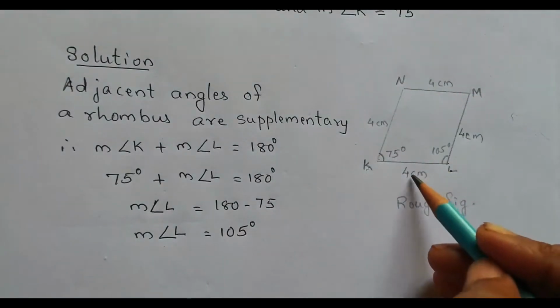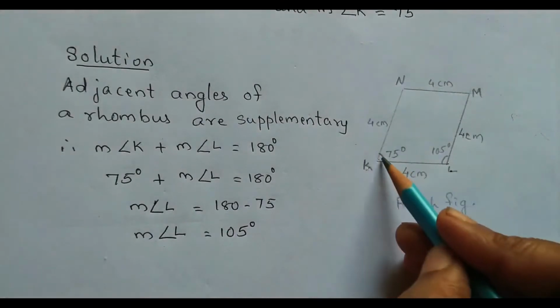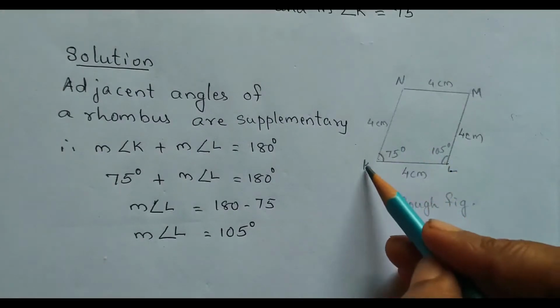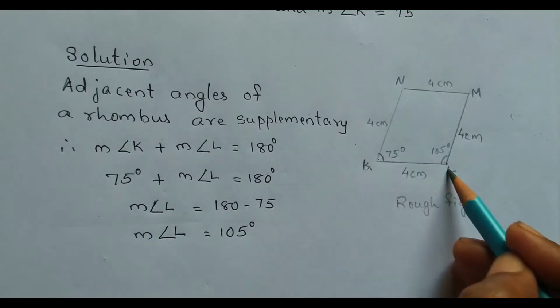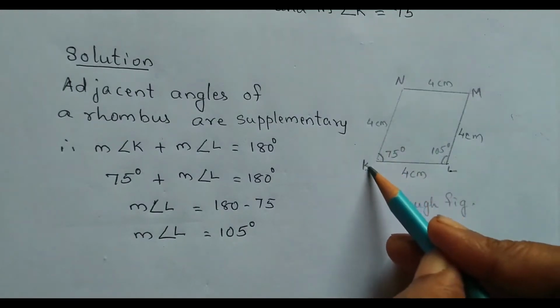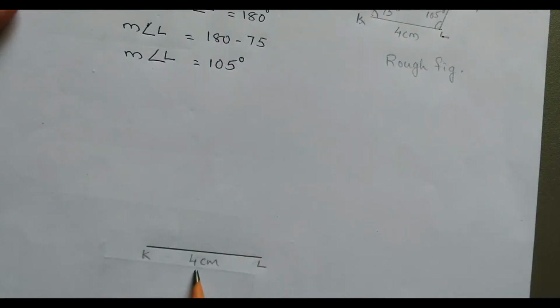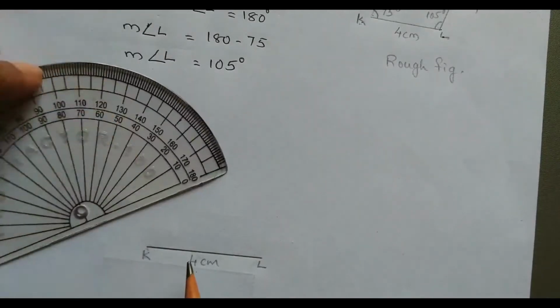So now we know the 3 sides and the 2 included angles. So using this property we can construct the rhombus KLMN. So first let us draw the length KL and construct angle K and angle L. So this is KL 4 centimeters. Now at K we will construct an angle 75 degree.